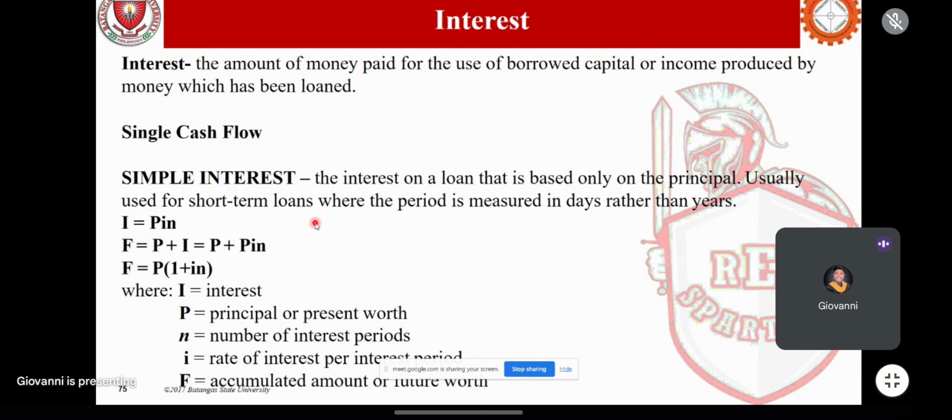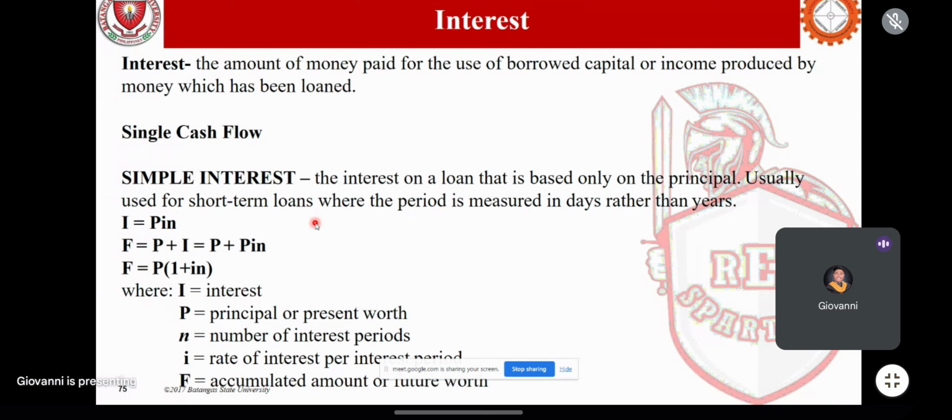Okay? At sabi ko nga, ang main focus natin ngayon is yung single cash flow lamang. So first, we have two types of interest na i-discuss, the simple interest and the compound interest. So first muna is the simple interest. Ito yung pinaka-basic na formula natin or basic computation natin for engineering economics, or pinakamadali.